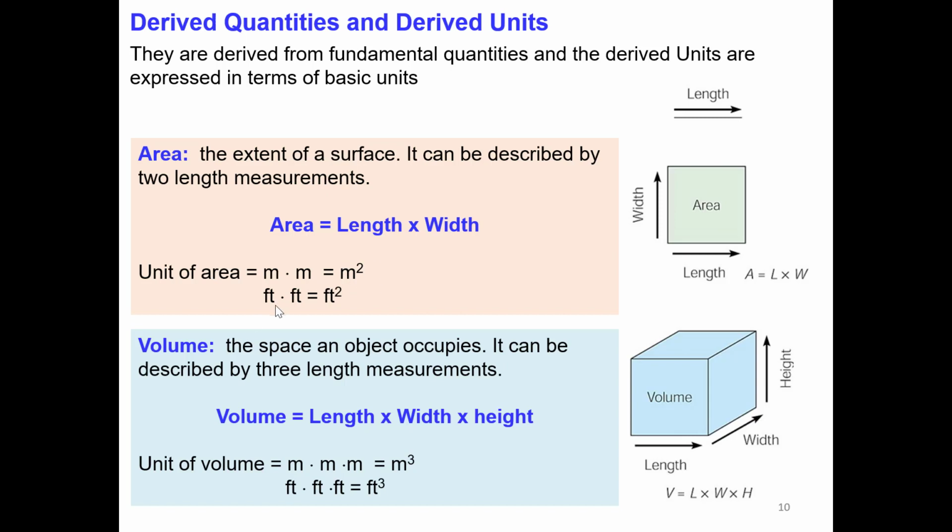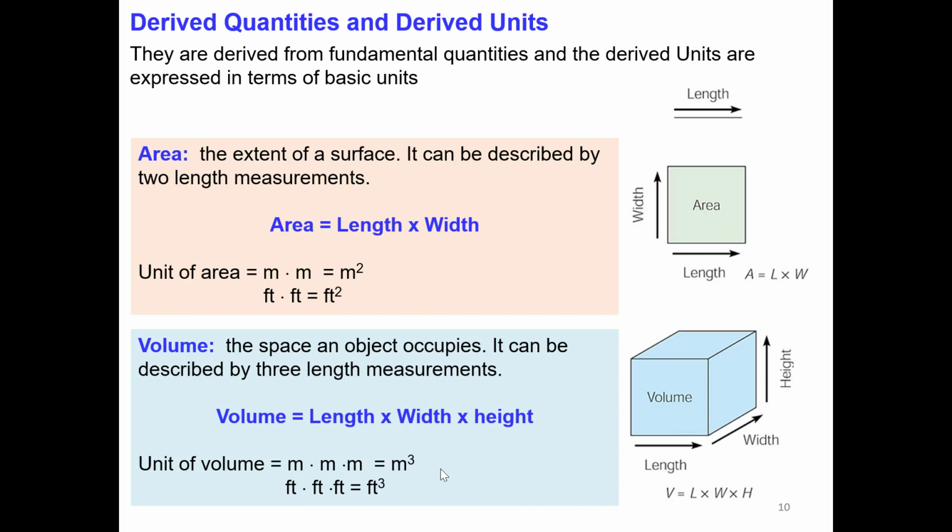But it can also be feet. Yes, feet times feet is square feet. Then in this case, the basic unit is feet, and the derived unit is the square feet. And the same happens in the case of volume. Volume is a derived quantity because it's the multiplication of three different lengths. Yes, length, width, and height.